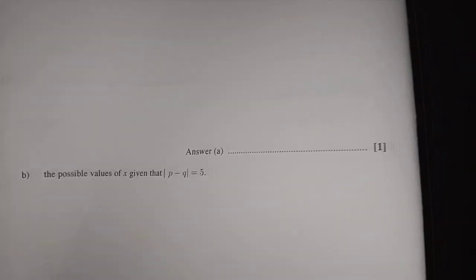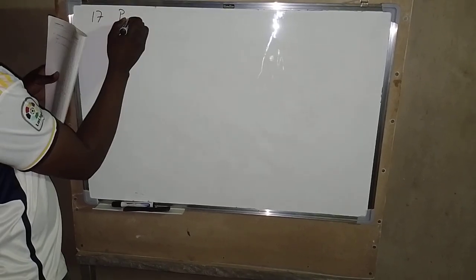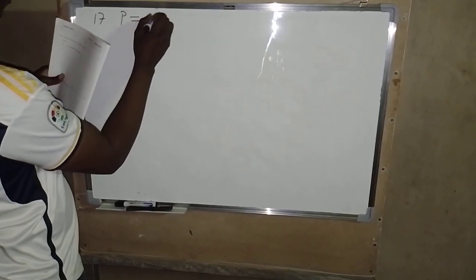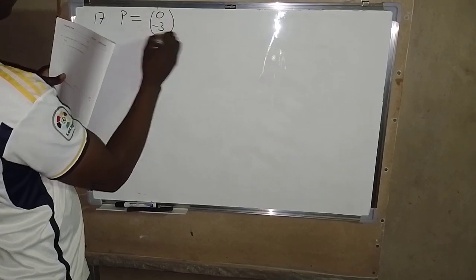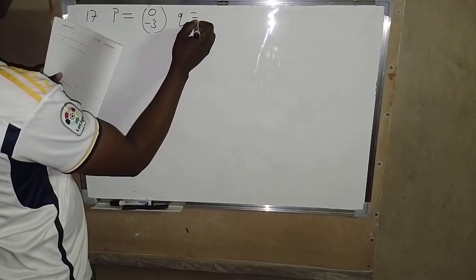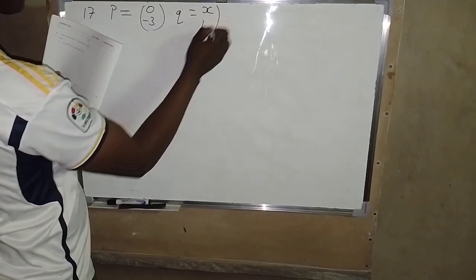Now let's answer question 1, where we have our p equal to (0, -3), q equal to (x, 1).